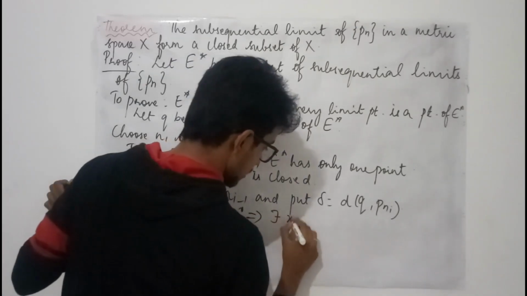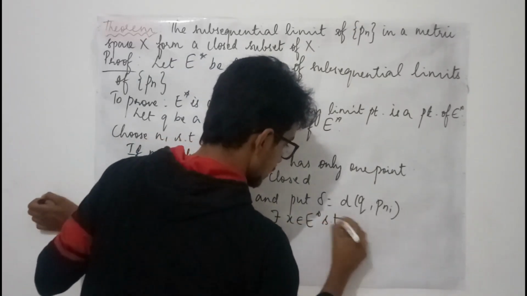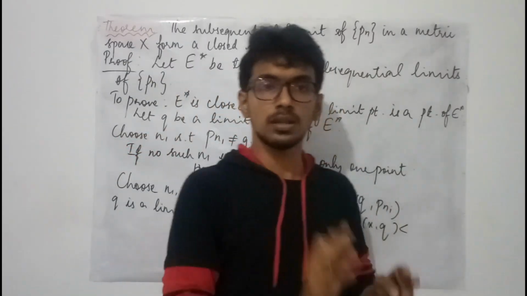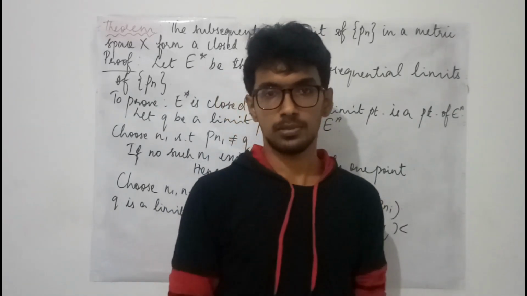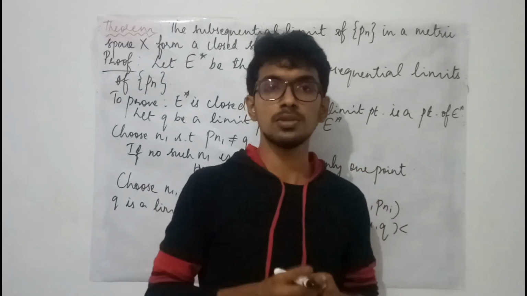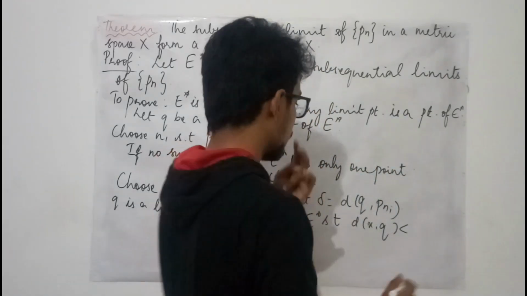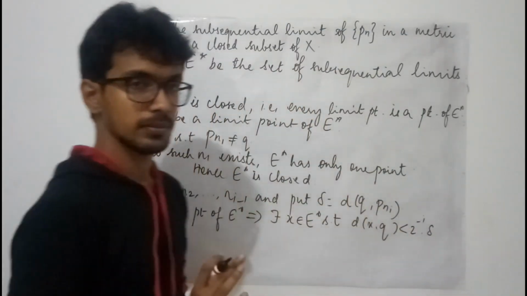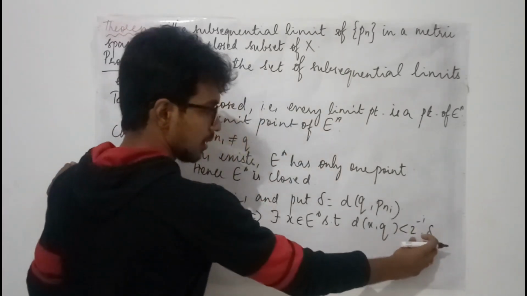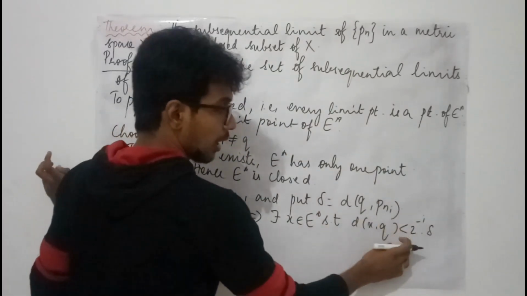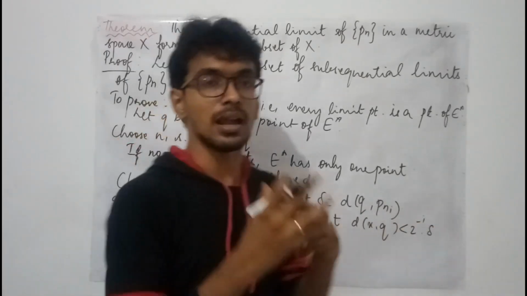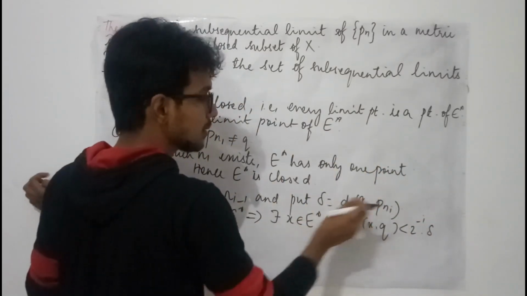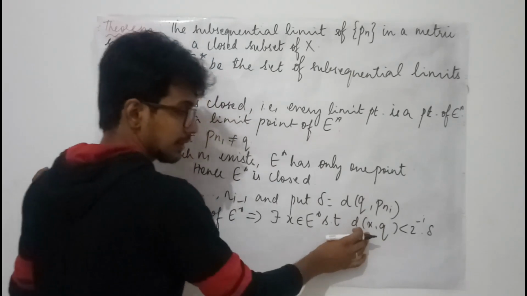This implies there exists some x in E star such that d of x comma Q is less than whatever neighborhood radius we take. Here I am choosing 2 power minus i times delta as my radius, where delta is some positive quantity. For this radius, some point of the set will exist in the neighborhood. That is what I am taking as x.